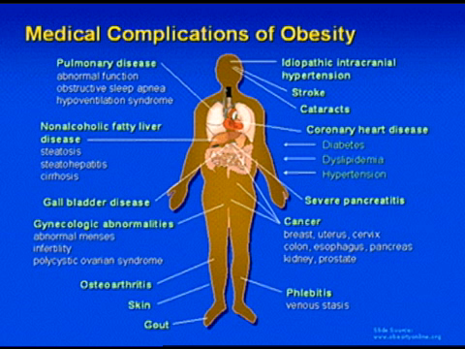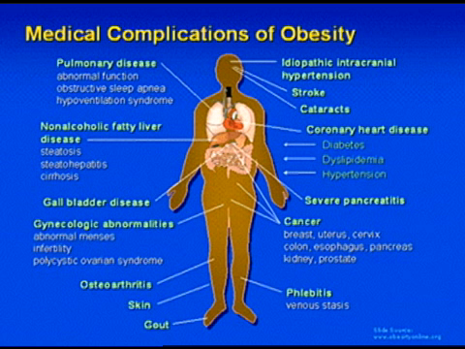So from head to toe, we know about the medical complications that we see related to obesity. The ones highlighted here, obstructive sleep apnea and hypoventilation syndrome, we see very often. Fatty liver as well. The gynecological abnormalities in adolescents, PCOS, is also something that we encounter often.